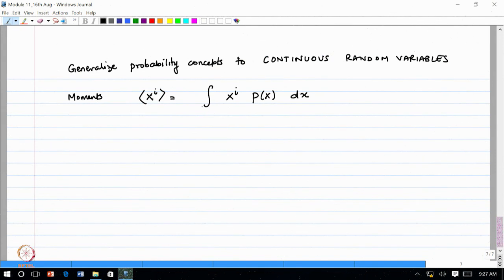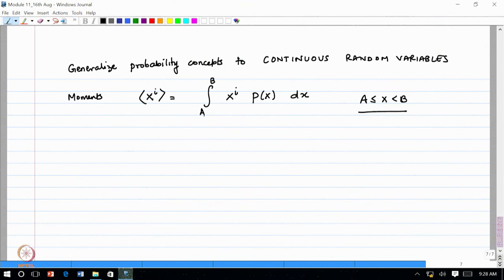And the integral is over whatever the range of values of x is, so this is a to b, meaning a less than or equal to x less than b. x can take any values in this interval.